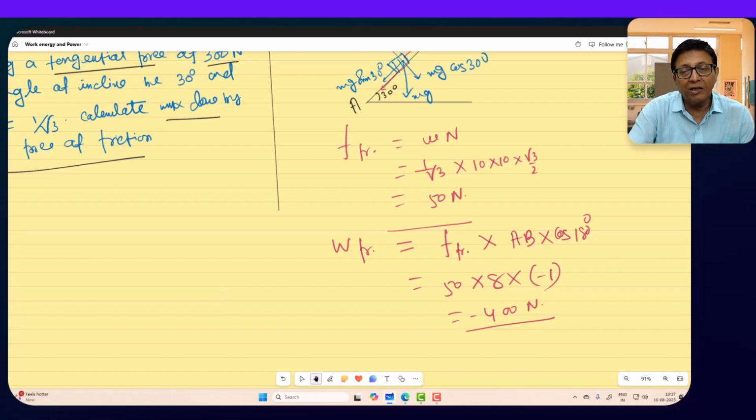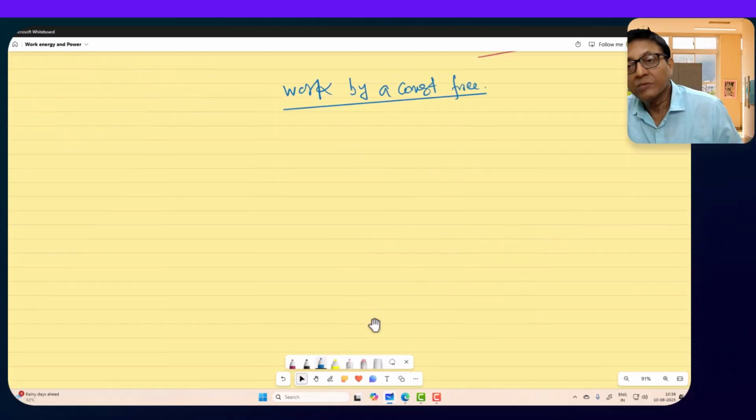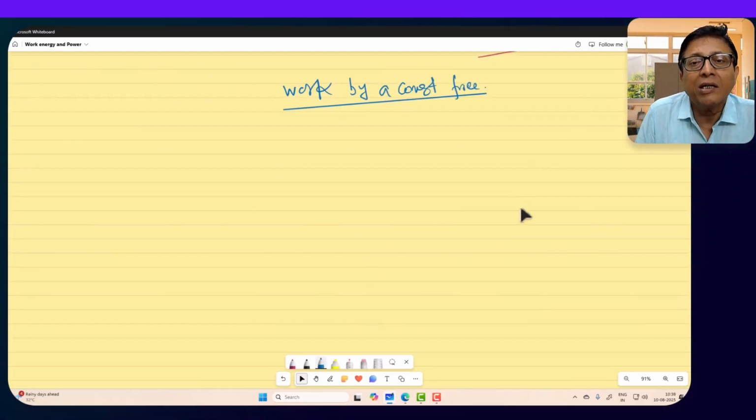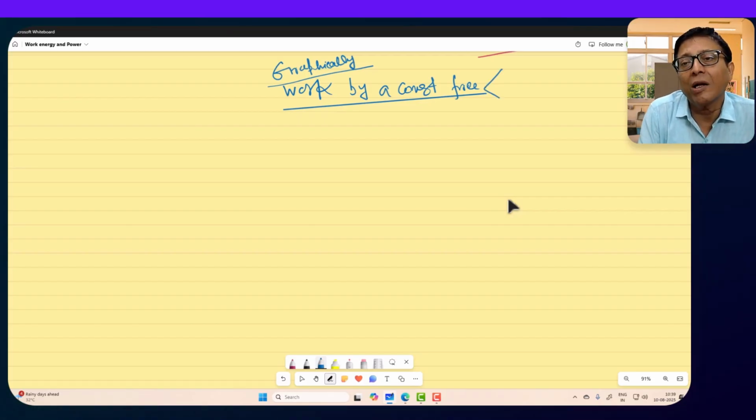Work energy power related to friction. But here, I am going to explain how to calculate, at present, work done by using graphs. Graphically, work done by a constant force. We are going to find graphically how to find work done by a constant force, and this force is one dimensional.